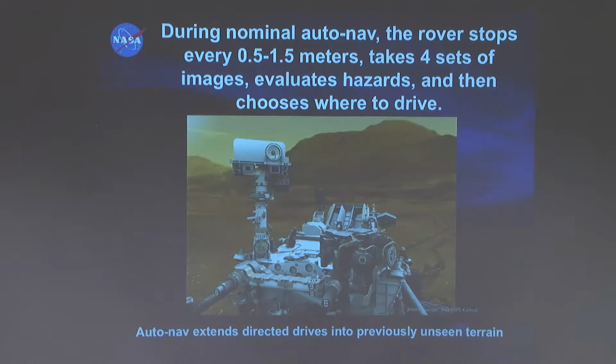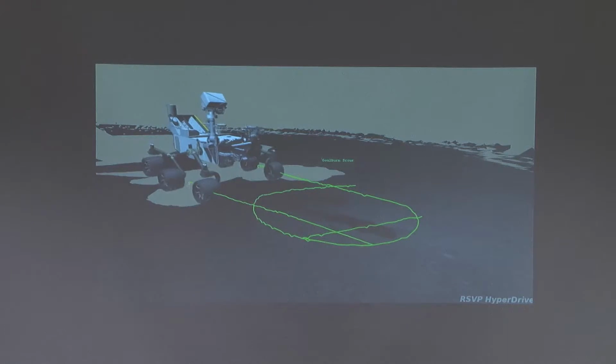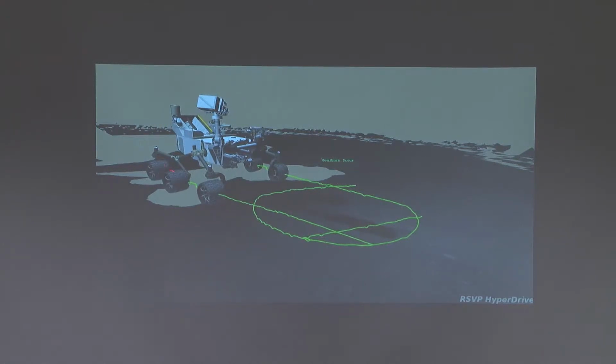So we have this autonomous navigation software, but it has different modes, and the human operator on the ground can define which mode to drive. So this is how the rover drives. It drives a little bit.